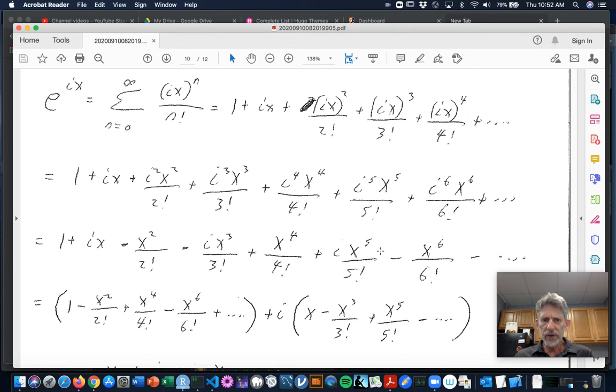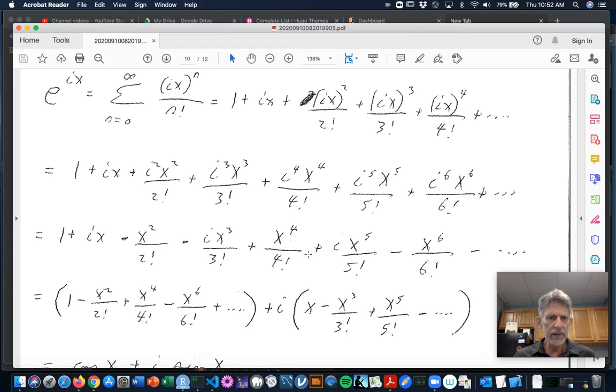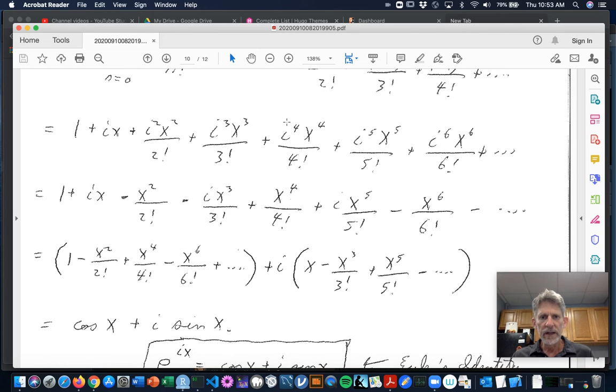But Euler goes a little bit further, and he says, hey, I know about powers of i. Let me see what I can find out. In here, the i squared is a minus 1. So I've really got just a minus x squared over 2 factorial. In here, an i cubed is a minus i. So I've got a minus i x cubed over 3 factorial. The i to the 4th here is a 1. So that just leaves me x to the 4th over 4 factorial. The i to the 5th is back to an i.